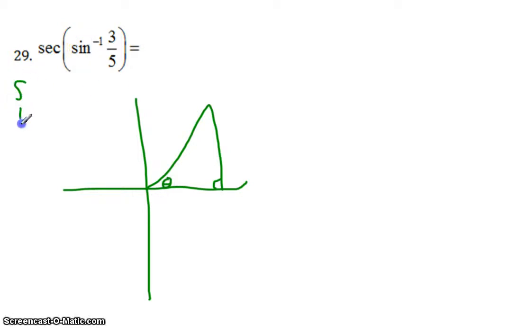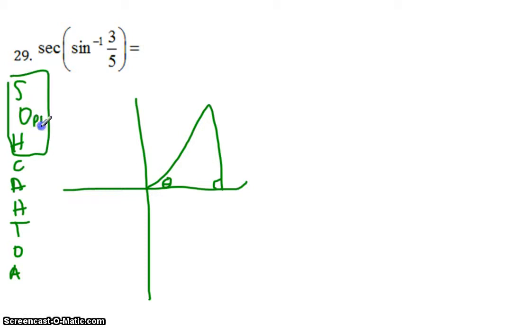Again I'm going to do my SOHCAHTOA, some old hippo caught another hippo tripping over apples. What that means is right here is my sine, and that is opposite over hypotenuse.